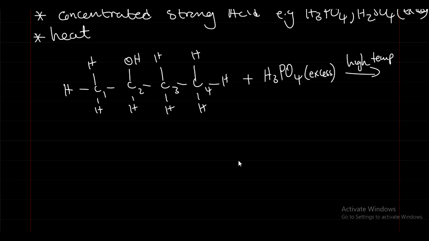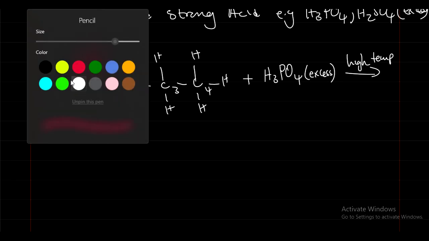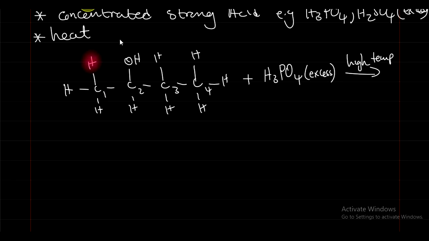So now what will your product be? Your product is going to be a Zaitsev product, which is your major product. So it means now here we have two different hydrogens. We have this one. We also have this one. Okay, so now let's start with the red one.